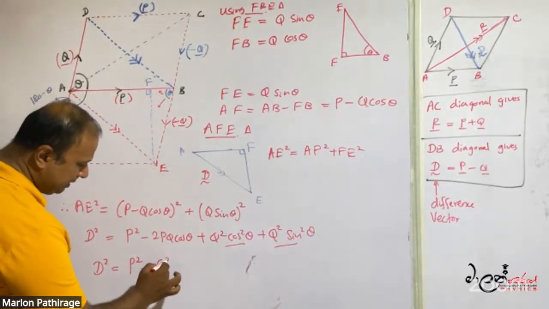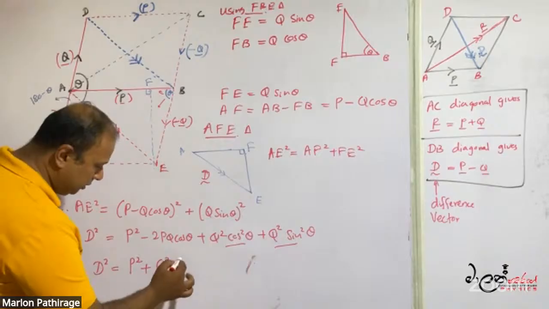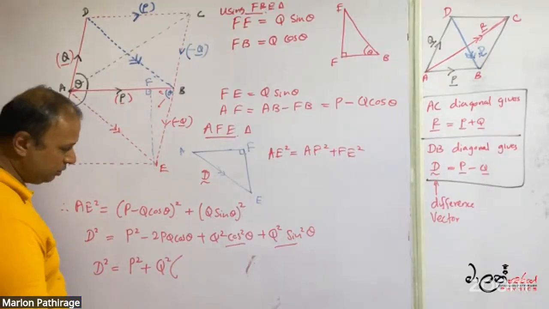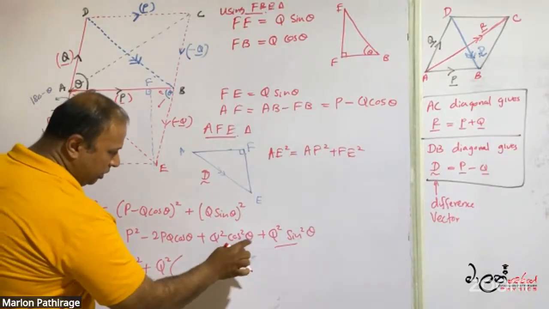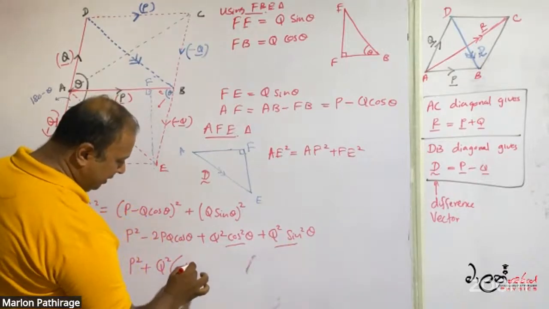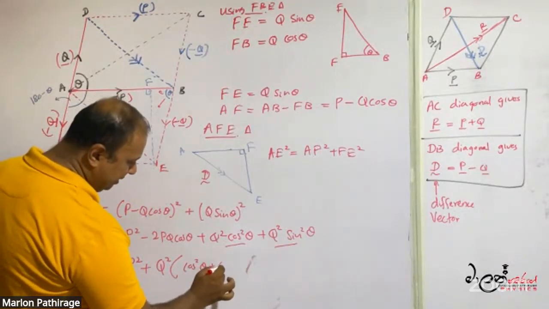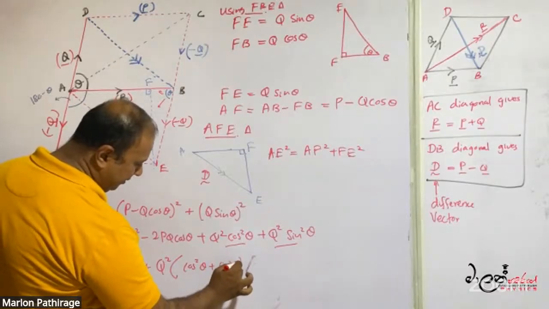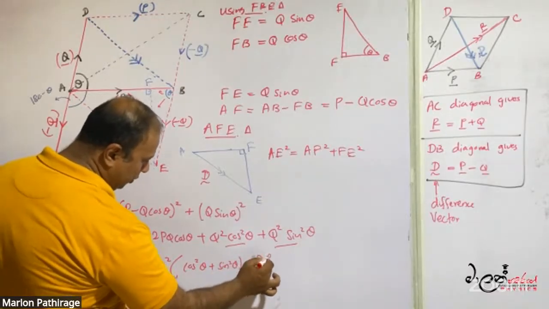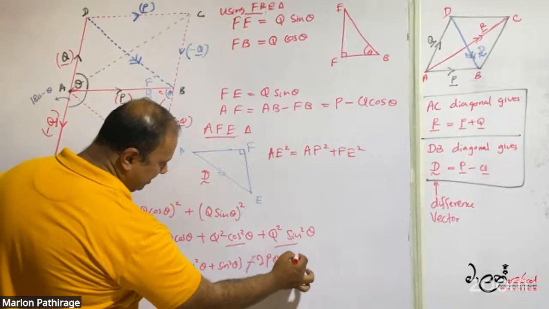If you take that out, it is Q squared into cos squared theta plus sin squared theta, minus 2PQ cos theta.